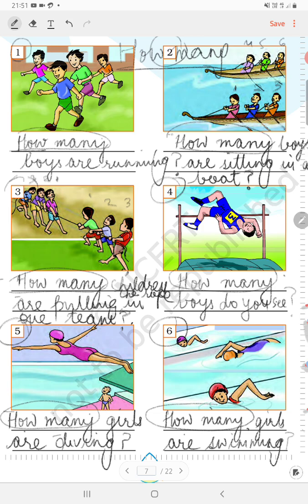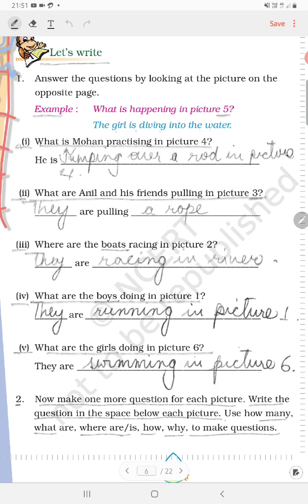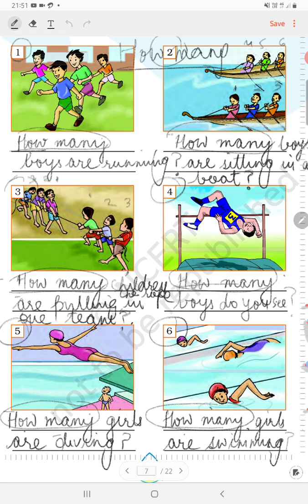So today we have made questions using how many, and what, where. Similarly we can make questions using why also. We've seen how the questions are made, where, how, where are or where is, and then why. We can try using why.